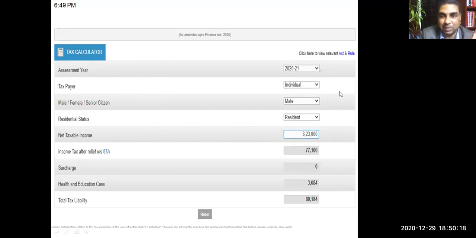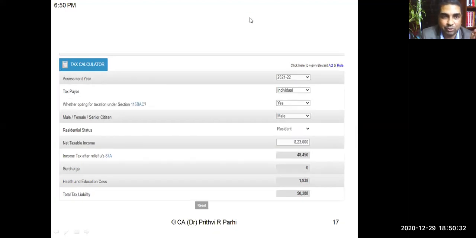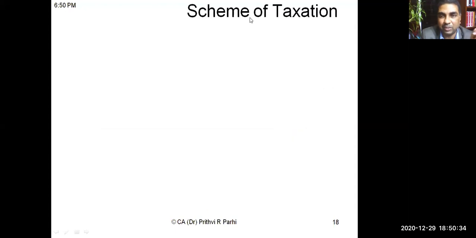You can select the assessment year, you can select the net taxable income. Automatically tax, surcharge, health and education cess, total tax liability will be computed. In the previous class I had shown you various examples; you can try how to use the tax calculator.